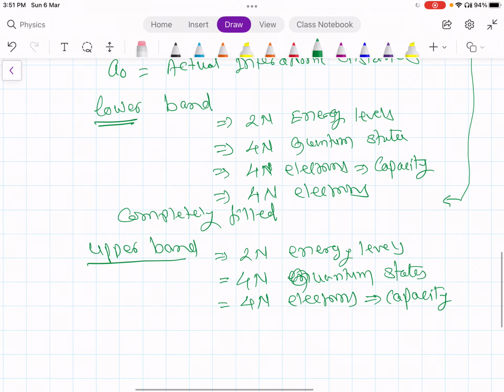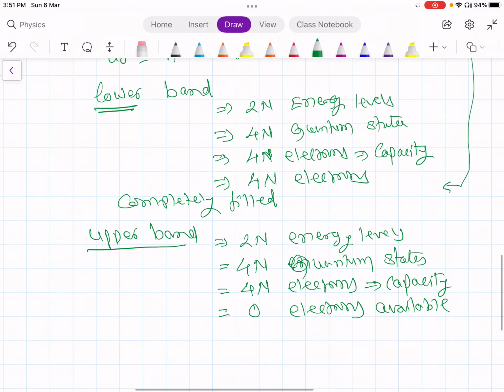But in the upper band, all the 4n electrons have gone to the lower band, so zero electrons are available. So this upper band is completely vacant.